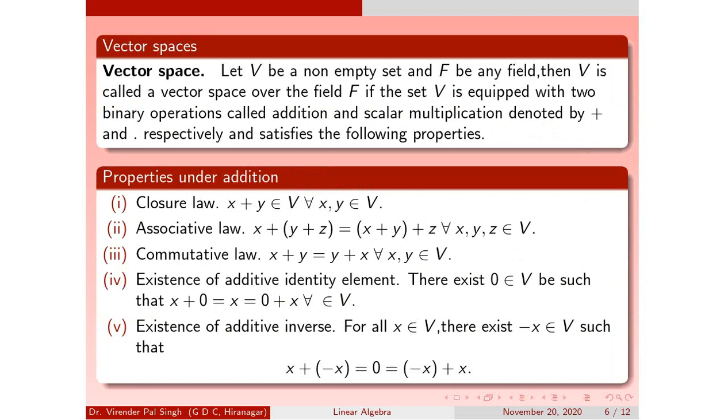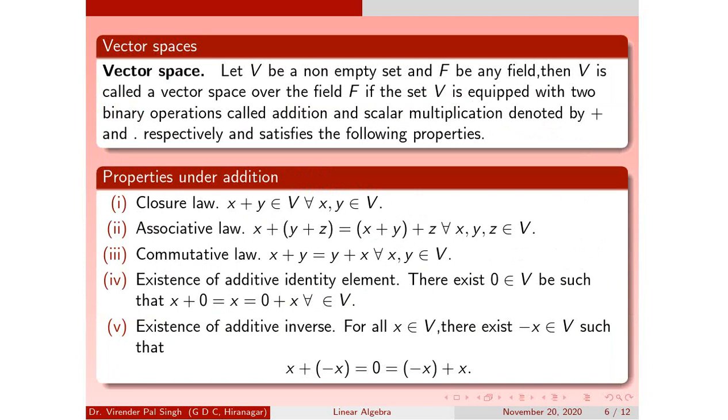Throughout this chapter we will be studying only vector spaces and its properties. Let us define now vector space. Let V be a non-empty set and F be any field.